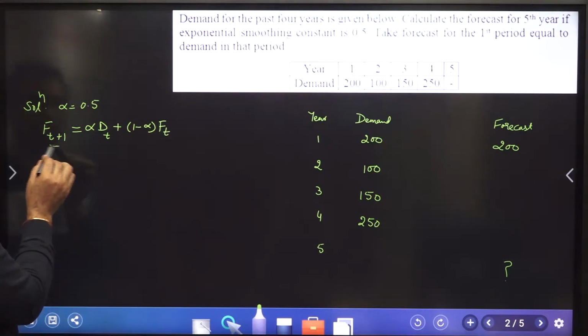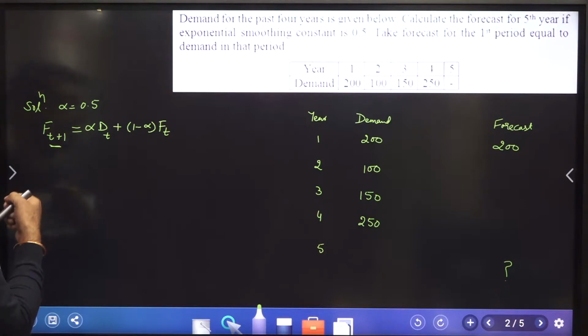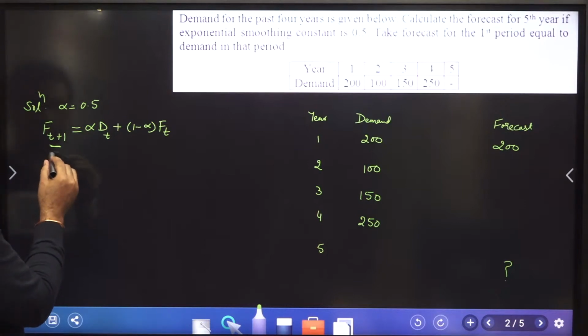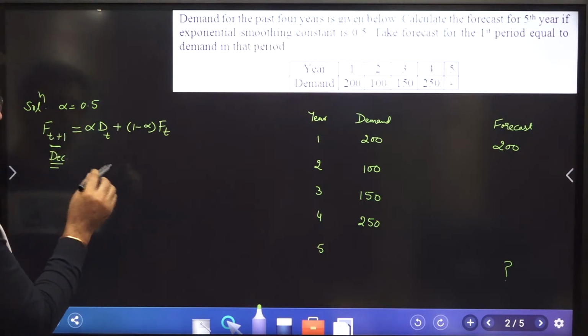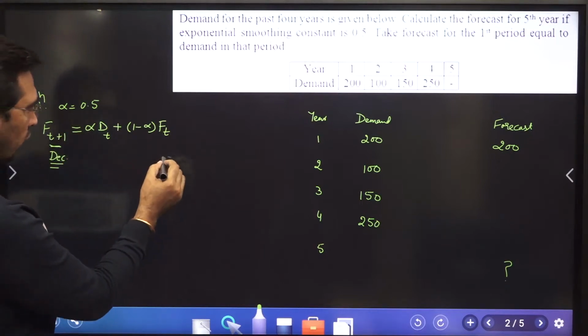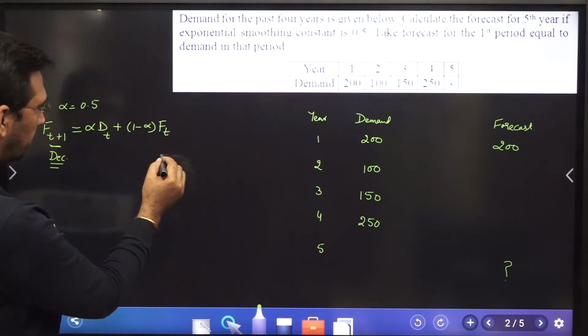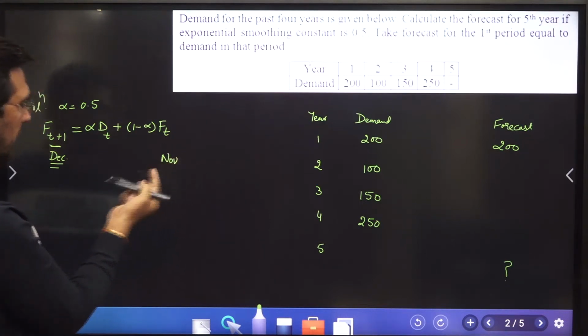That means if I want to forecast, let us say today it's November. So if I want to forecast for, let us say, December, for the month of December, then I need two pieces of information: what was the forecast for the month of November, a month before that.